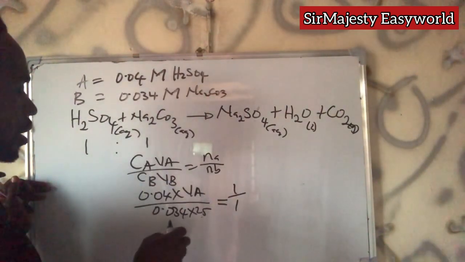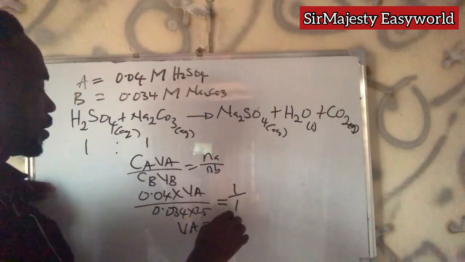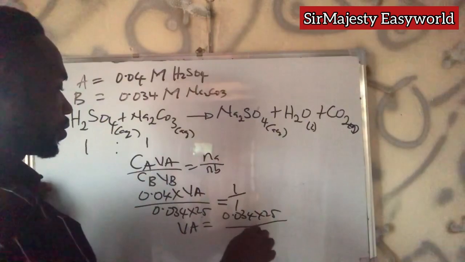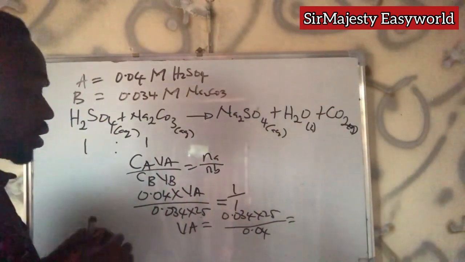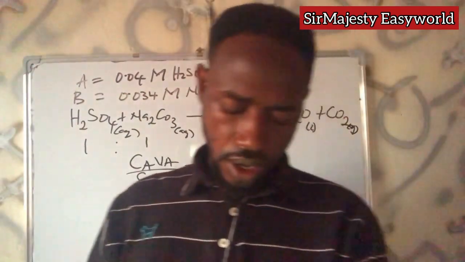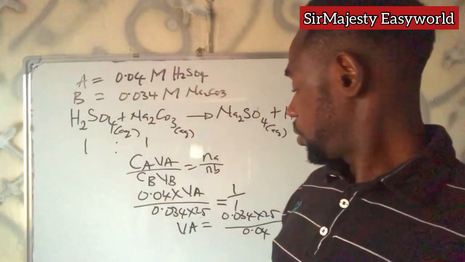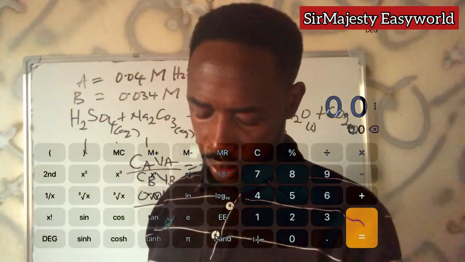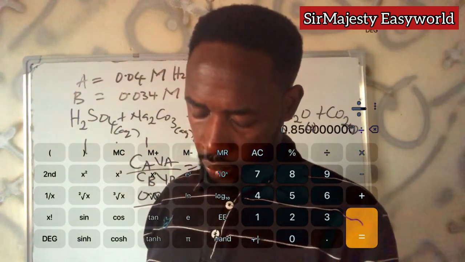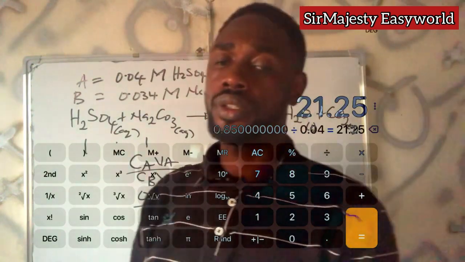Then this implies that Va is automatically 0.034 times 25 all over 0.04, which, using the calculator, is 0.034 times 25 equals 0.85, then divide by 0.04, which gives 21.25.